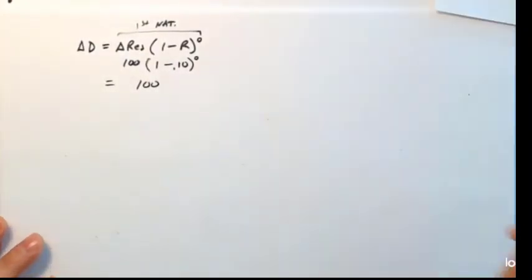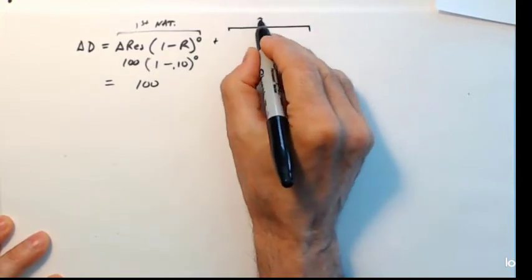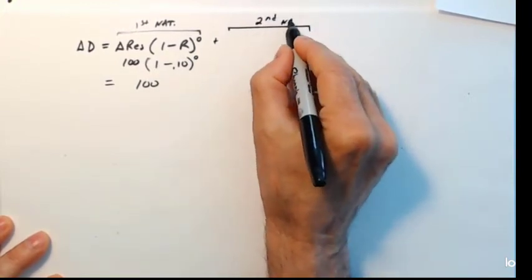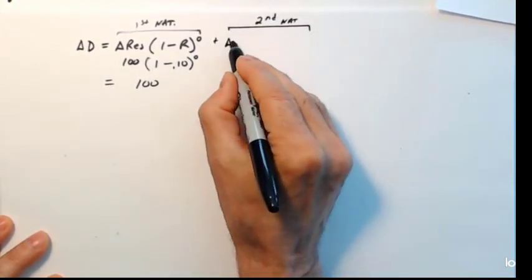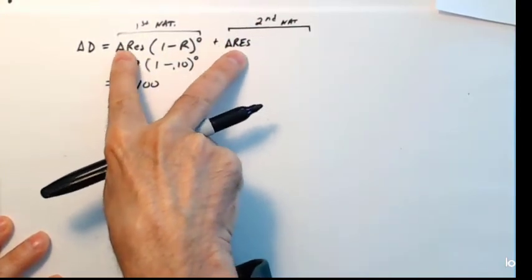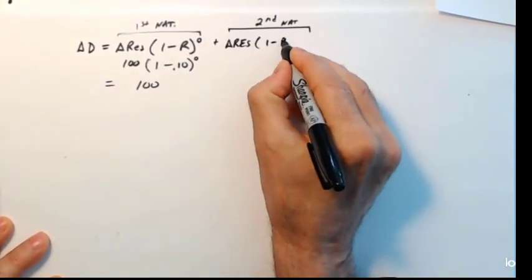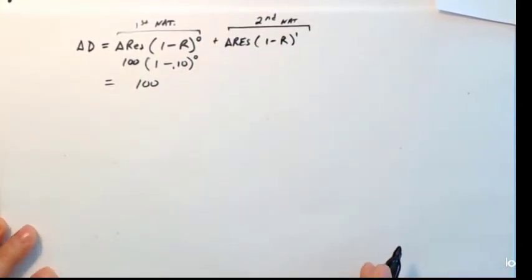Okay, but that's the first bank. Now we want to see what happens to the second bank, Second National, and that's the initial change in reserves. The same number here, same algebraic expression here, and it's 1 minus the reserve requirement to the first power.